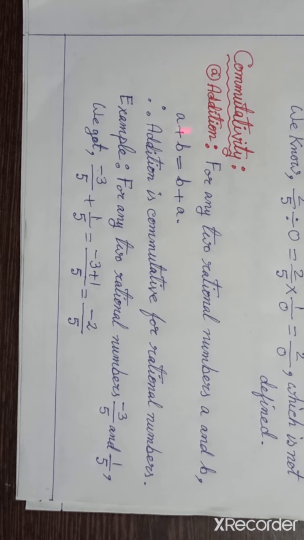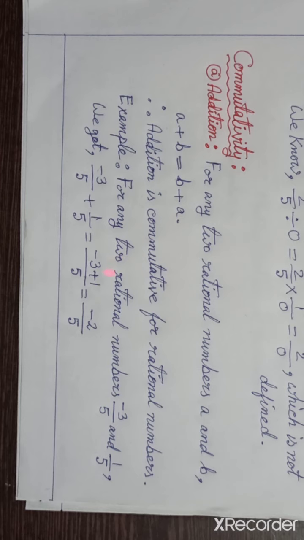And if both the answers are equal, that means a plus b and b plus a have equal answers, then we can say that rational numbers are commutative under addition. Example.